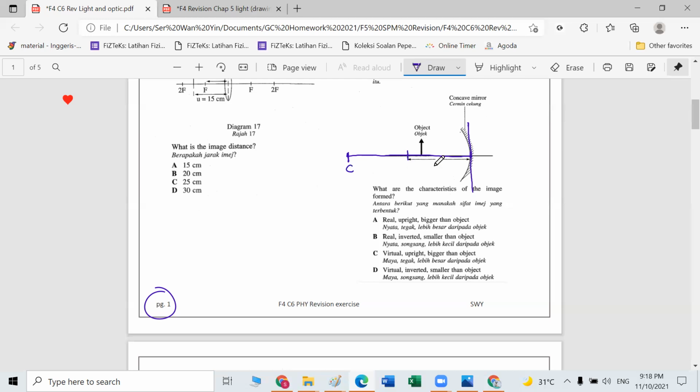No matter how big it is, you just need to know focal length equals to double F to the center.